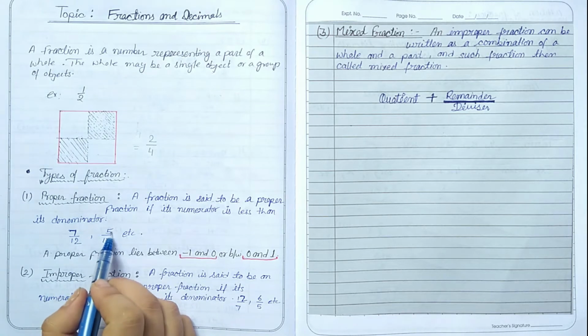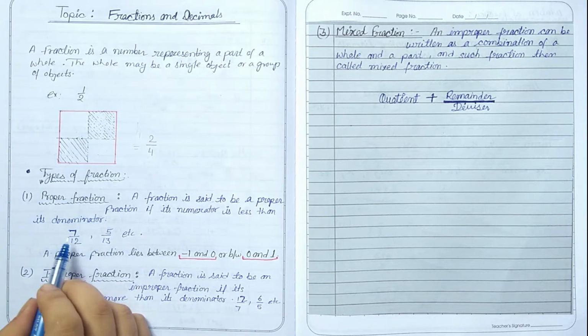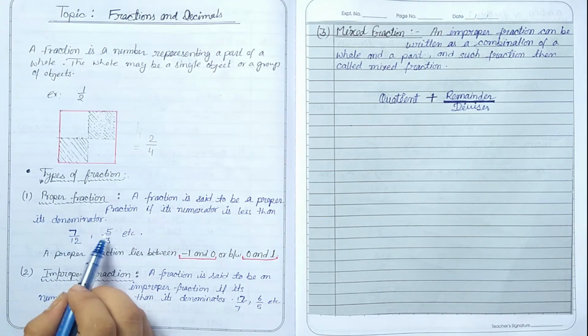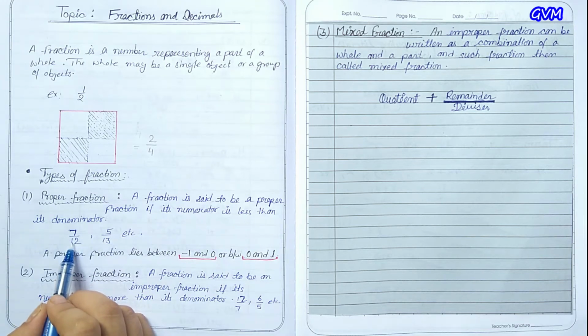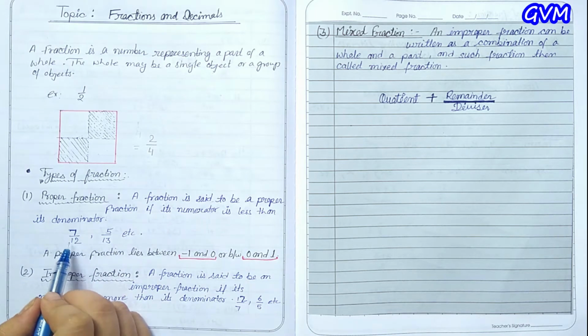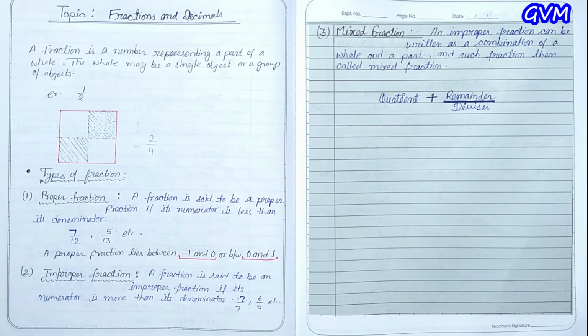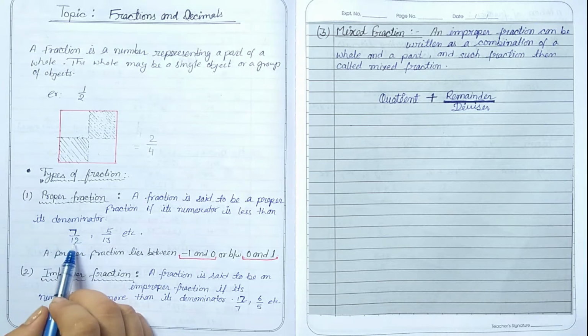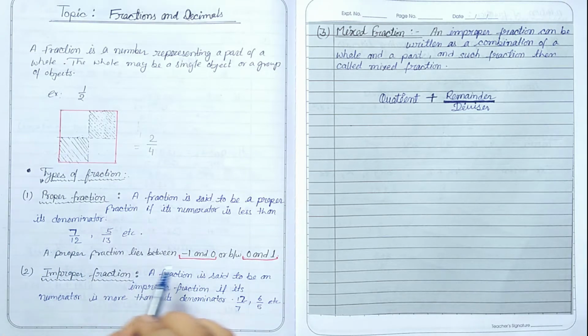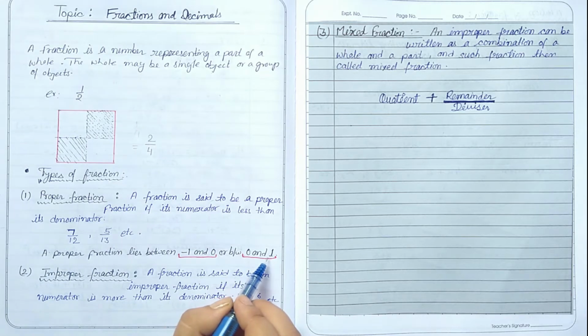Second example, we can take 5/13. So here numerators are less than denominator. Thus, if we divide 7 by 12, it will lie between 0 and 1. So if it is a positive fraction, this will lie between 0 and 1.